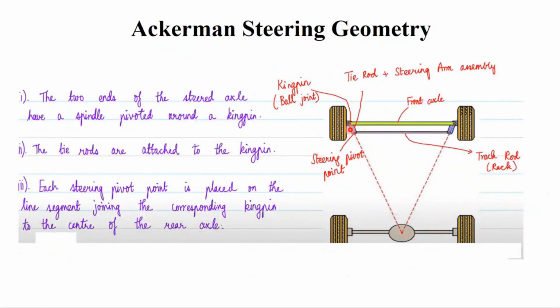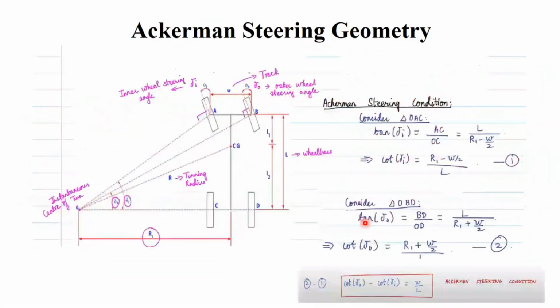The left kingpin, left steering pivot point, and the rear axle center will meet at one point, which connects the center of the rear axle to the right pivot point and the right kingpin. Okay. So this is the Ackermann steering geometry.